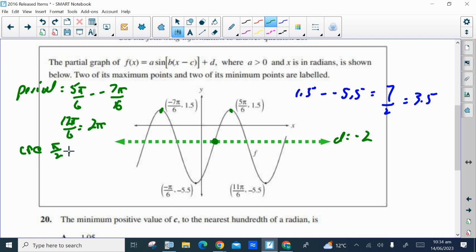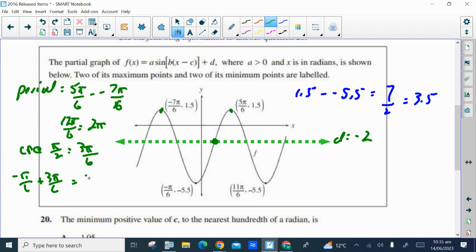Or in this case, every 3 pi on 6. So if you go from negative pi on 6, which is that minimum, the next critical point will take you back to the middle. So from negative pi on 6, we just have to add 3 pi on 6.